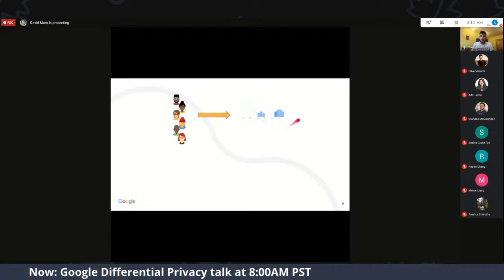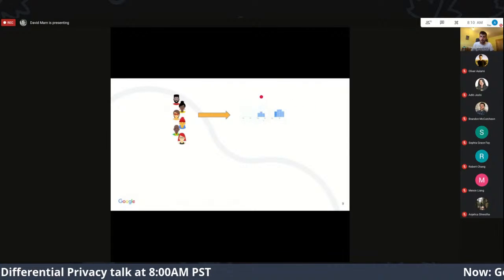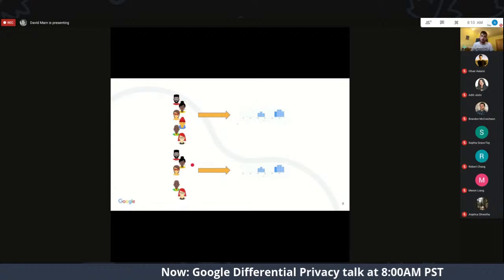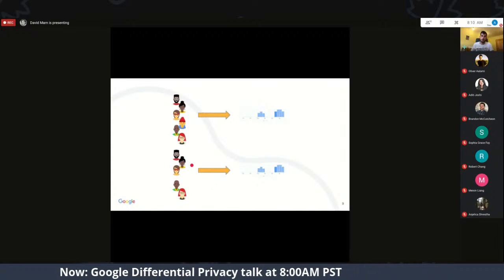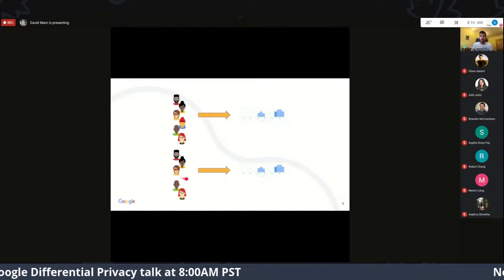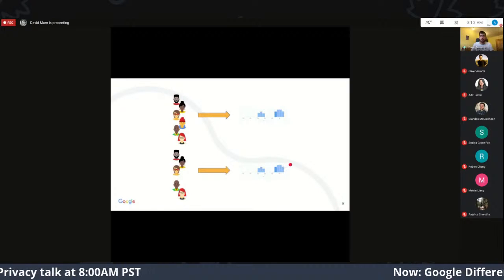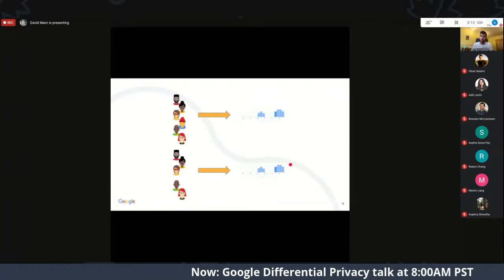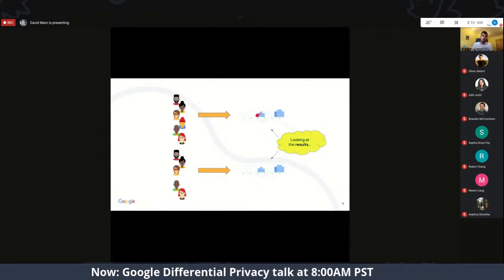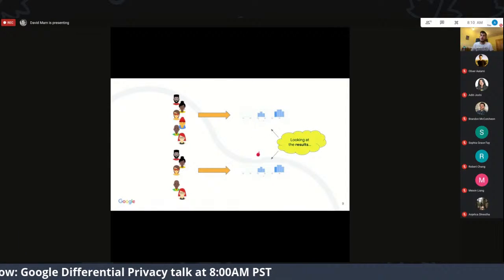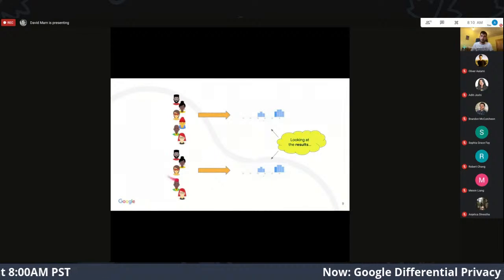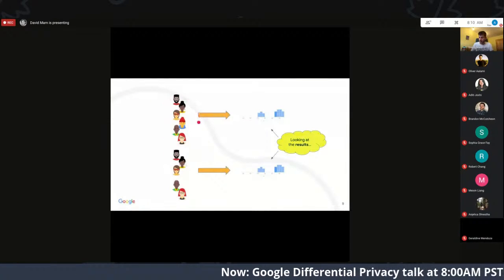So these statistics are nice, but now let's say that we have a similar data set with one person missing. And without loss of generality, we can assume that any one person will be missing. We again generate some statistics from this new data set. Now, if we look at these results, we should not be able to tell which data set they came from, the one on the bottom or the one on the top.